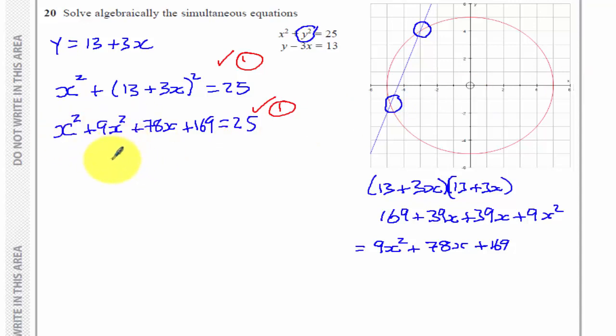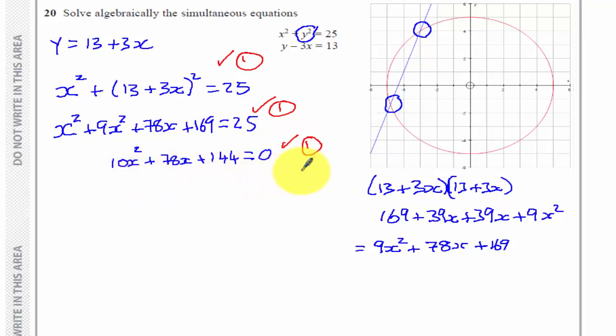So x squared plus 9x squared is 10x squared. When I'm solving a quadratic, I need it set equal to 0. So 169 minus 25 is 144. Once I've simplified and formed this equation, I have 3 marks.